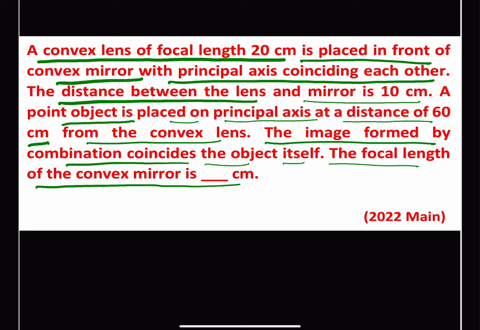And it states that the image formed by the entire combination, meaning the convex lens and concave mirror, coincides with the object itself, and this is only possible if the ray of light is able to retrace its path. So we can just draw an approximate figure.